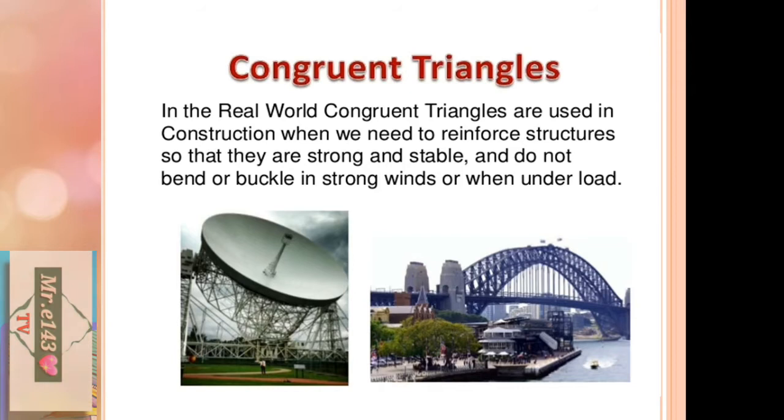In the real world, congruent triangles are used in construction when we need to reinforce structures so that they are strong and stable and do not bend or buckle in strong winds or when under load. So, ito ang gamit ng congruent triangles.